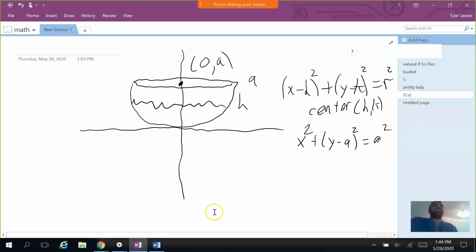Let's talk back through it a little bit. This really is a three-dimensional object that we're looking at, right? This sphere. And we can find the volume by doing that revolution stuff we were doing before. If I look at this area here beneath the water down to the edge of the bowl, and I revolve that around the y-axis, I get the total volume of the liquid.